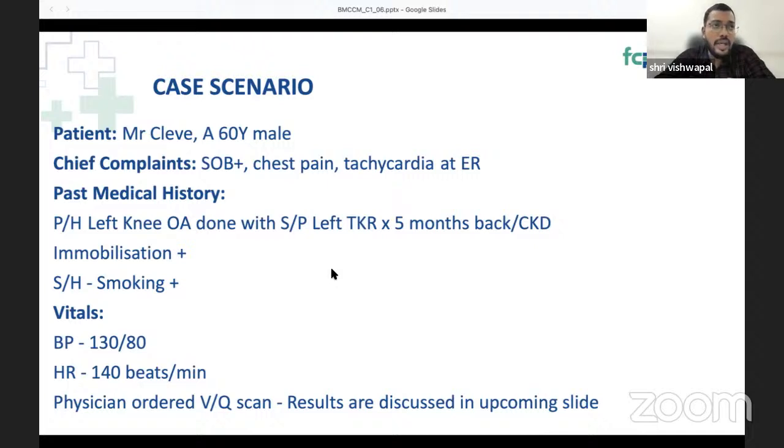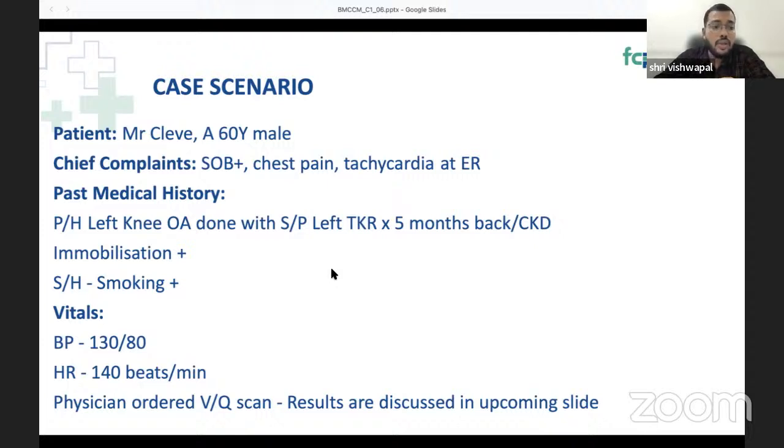He had left knee osteoarthritis and a left total knee replacement surgery 5 months back, and he is also a chronic kidney disease patient. After the surgery, he hasn't mobilized, and the social history also shows he's a smoker.